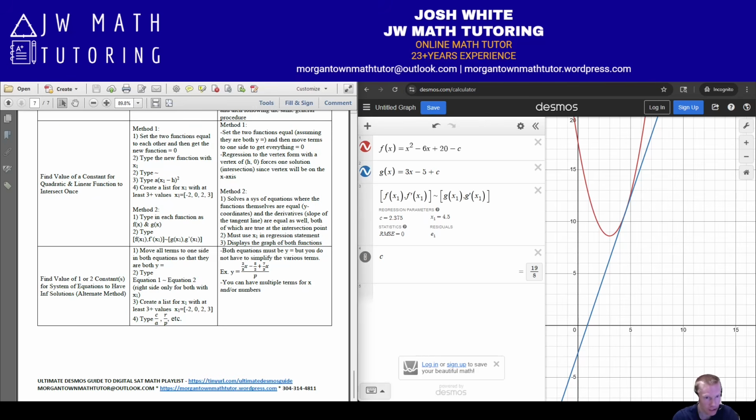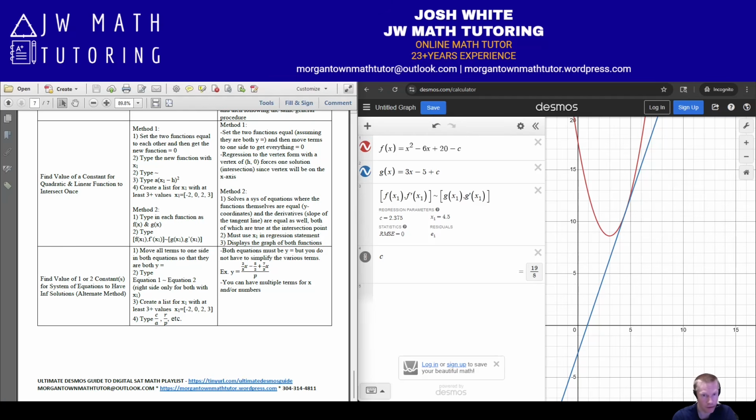All right, so let's talk about the third use case now. This is basically finding the value of one constant or two constants for a system of equations to have infinite solutions. So this is basically an alternate method to a use case that I covered in a previous video.